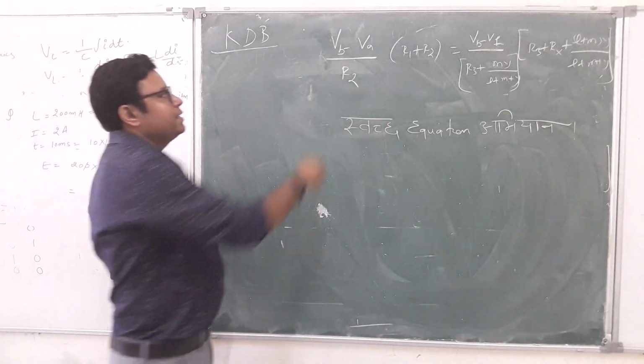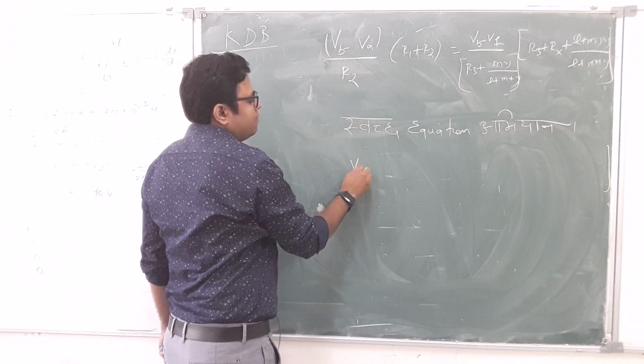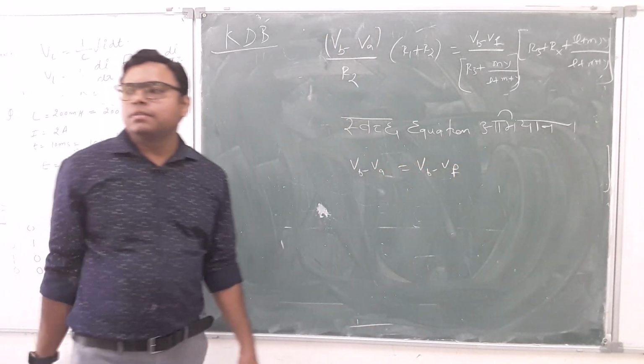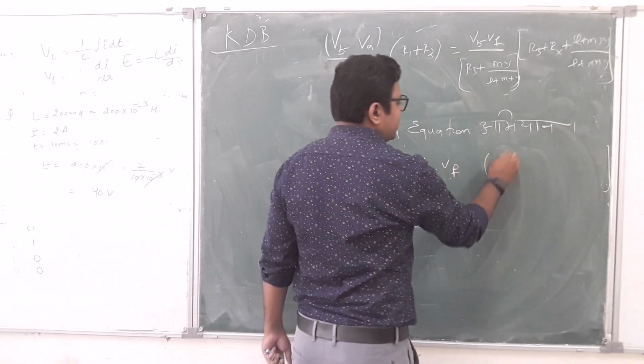So to keep it clean, we know that VB minus VA is equal to VB minus VF. That is from the balance condition.